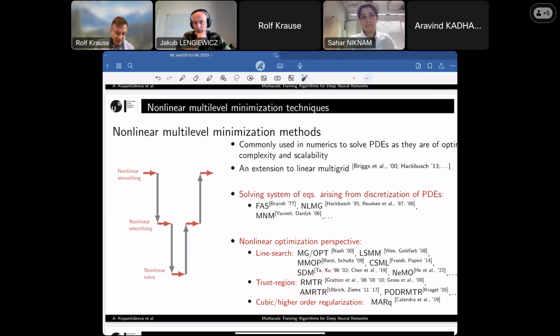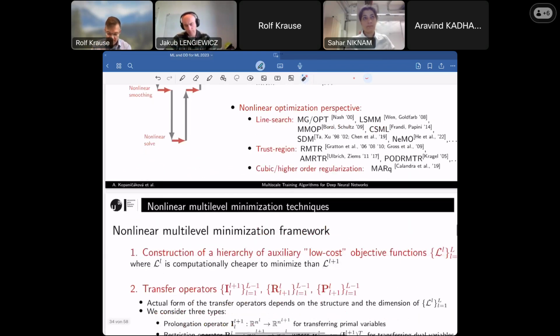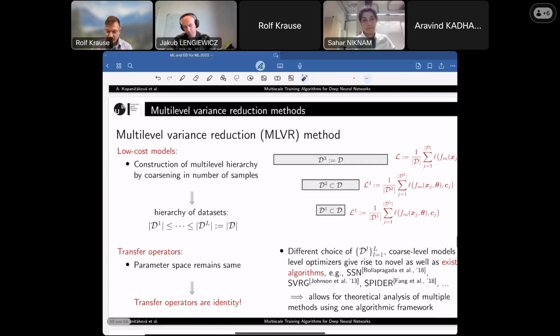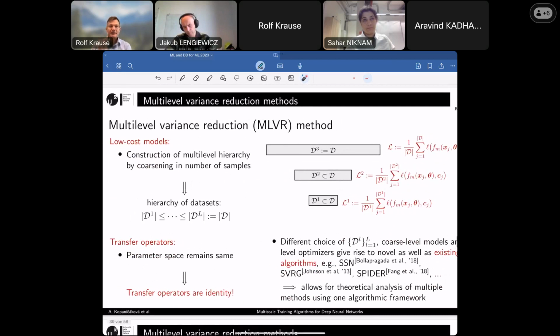And what you do is you do some minimization on a fine level, you go to a coarse level, minimize, even coarser level, minimize, and you sum up all the corrections. If you do this in a network, there are two possibilities to construct your multi-level hierarchy. The first possibility is to coarsen in data. That's very simple.